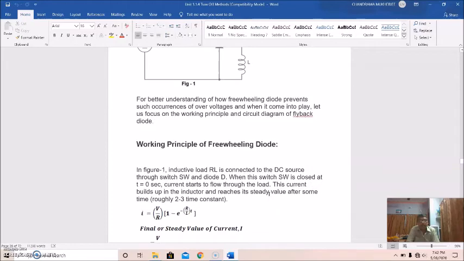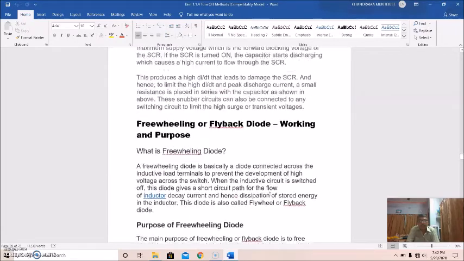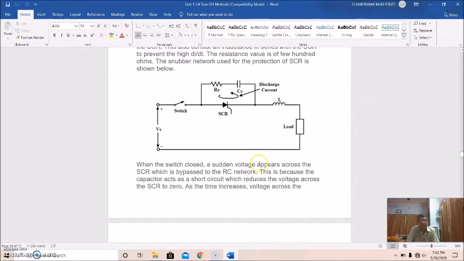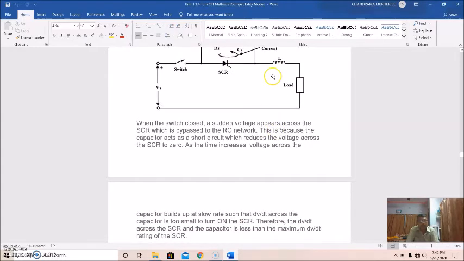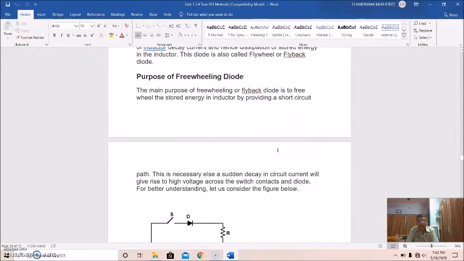So what we have found here is in our circuit, if we put a freewheeling diode here, the circuit current will be dissipated through this path that is shown here.